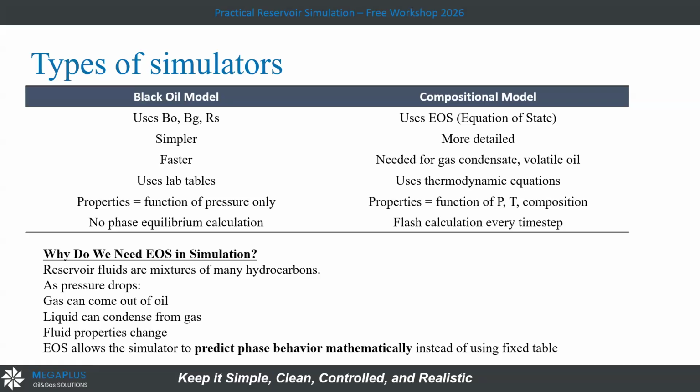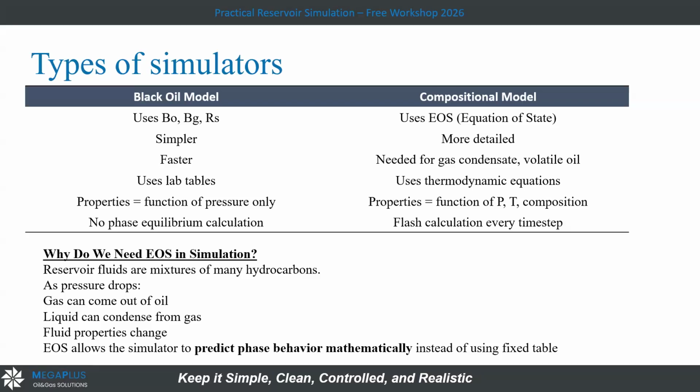Why do we need the equation of state? We need it because the reservoir fluid is a mixture of many hydrocarbon components like methane, ethane, propane, up to C7 plus or C10, maybe C14 or 15. So when the pressure drops, what will happen? These components will change with pressure. As an example, if we are dealing with a gas condensate at reservoir pressure 4,000 and the dew point of this fluid is maybe at 3,000, you'll find the methane component is much higher.